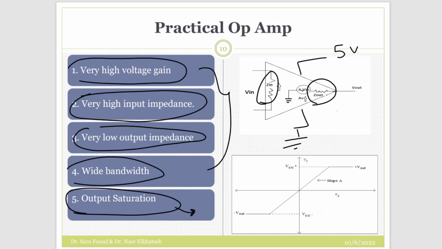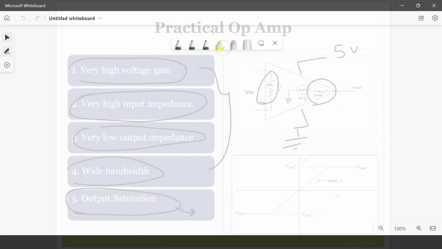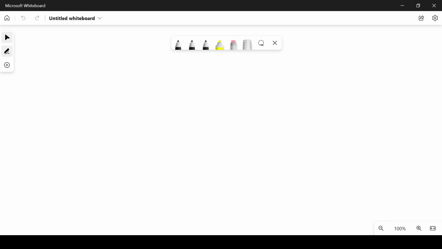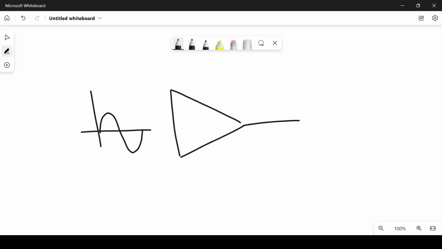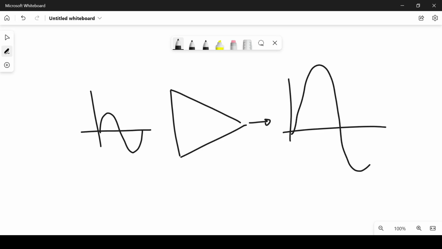So that means that the signal, let me just go to this whiteboard. The signal that goes to the operational amplifier looks like this. The output that comes from the operational amplifier is going to be like this, a very high signal with very high values.